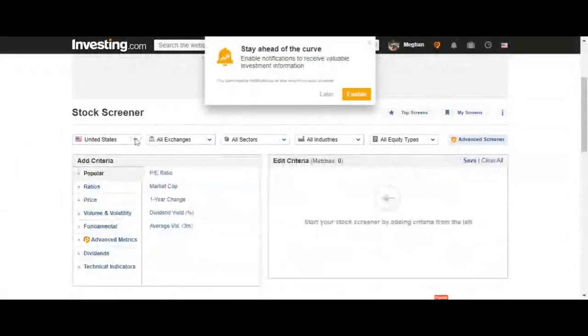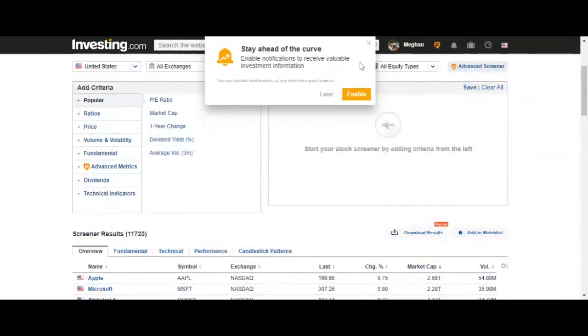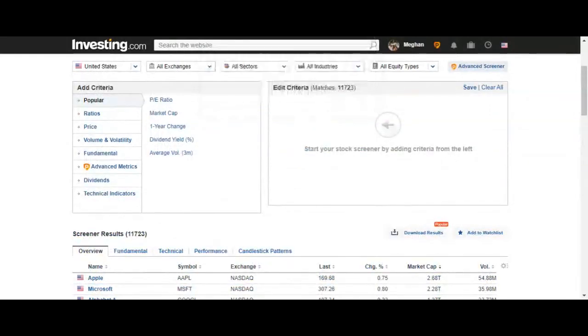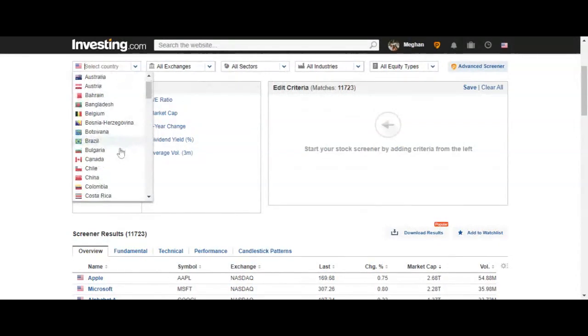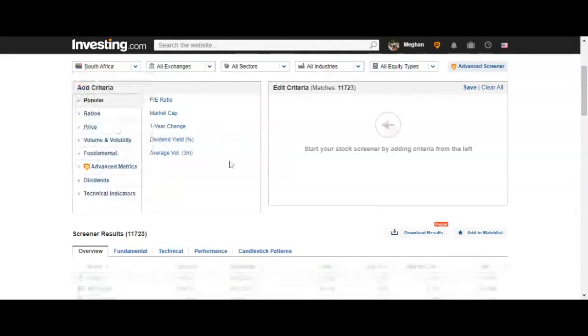It's a great way of weeding out the companies that you don't like, or locating the companies that you do, without necessarily having to go manually through each and every single possible share. There are over 10,000 shares in America, and there are over 500 in South Africa. So to go through them manually is quite a process.